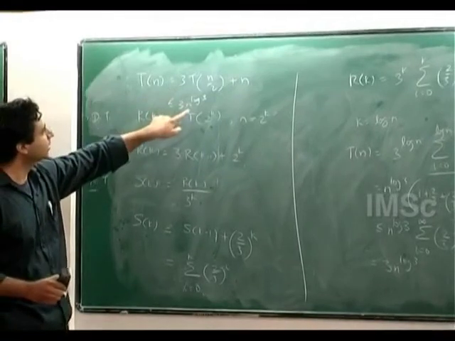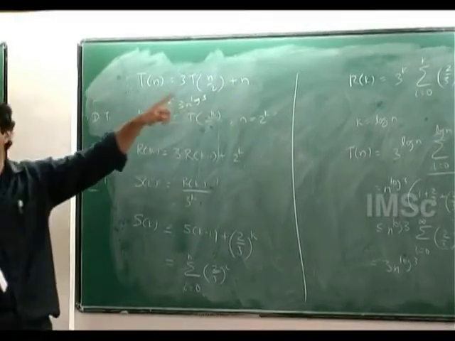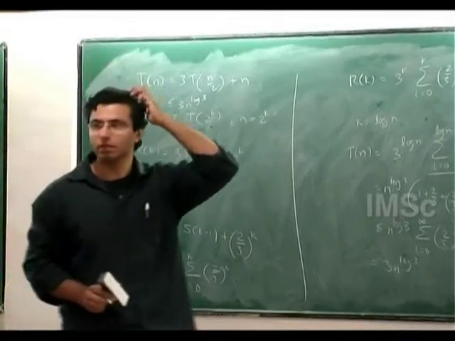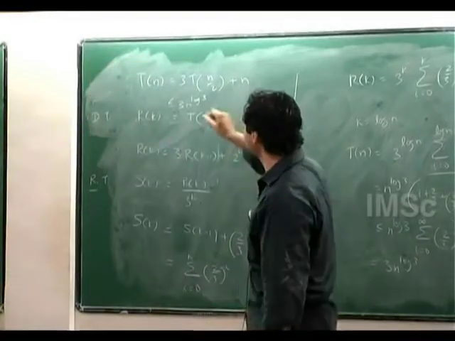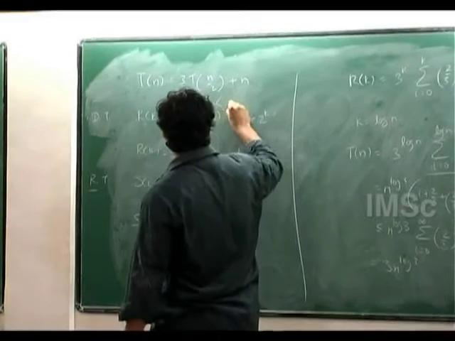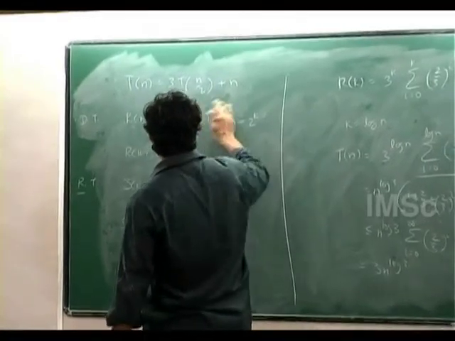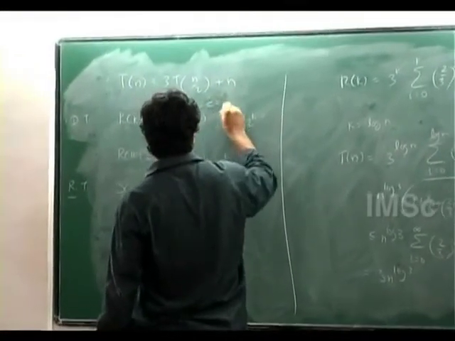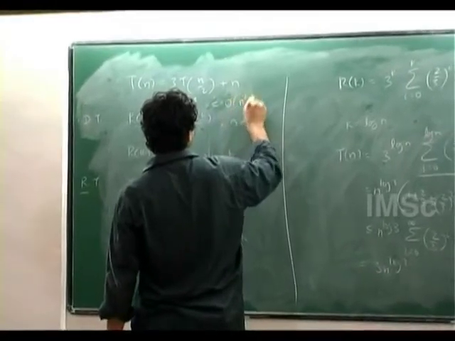So this is better than quadratic. Log of 3 is less than 2. So Karatsuba's algorithm is strictly less than, say, small o of n squared.